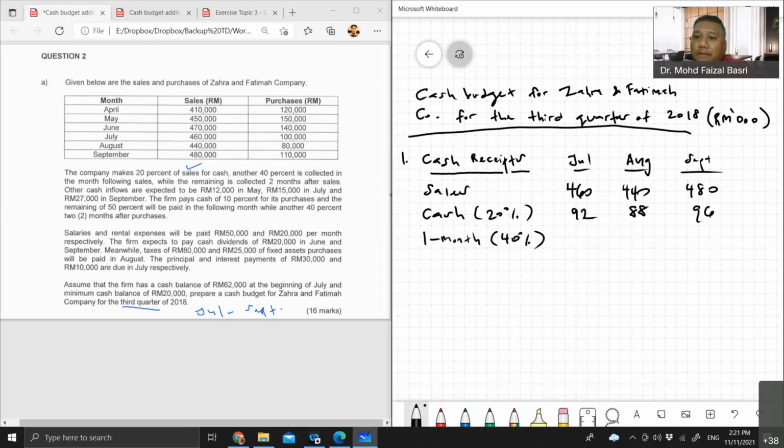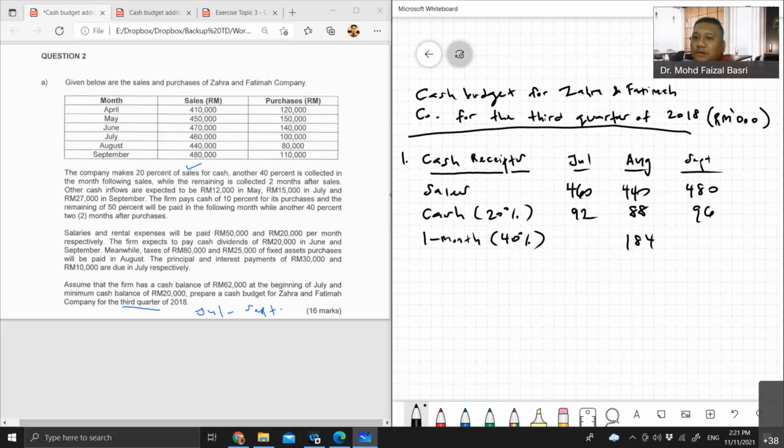40%. Okay, so for July, for example, if we focus on 460,000 here, 40% of it would be 184,000. Okay, 184,000. And when are they going to receive 184,000? 1 month later, which is in August. So you're going to put 184 in August. Okay, 184,000 in August.